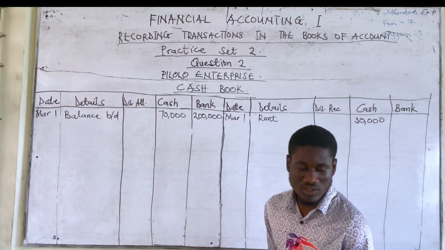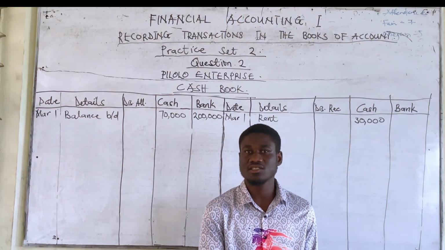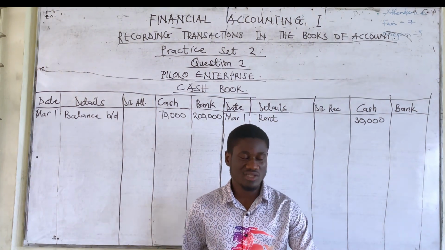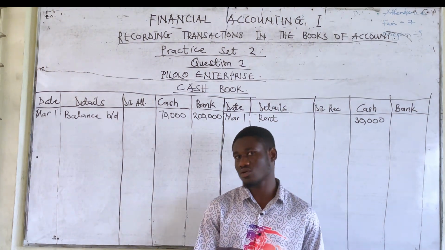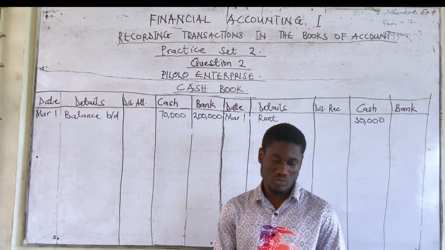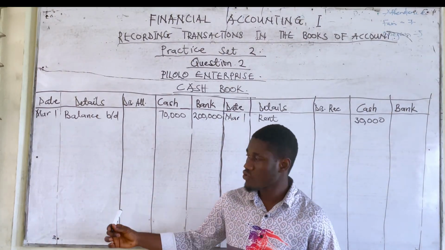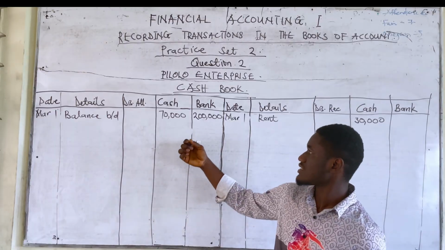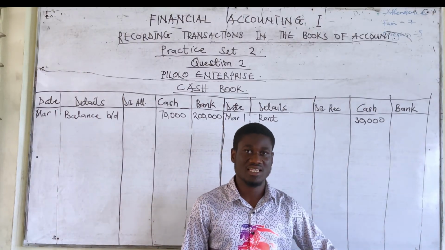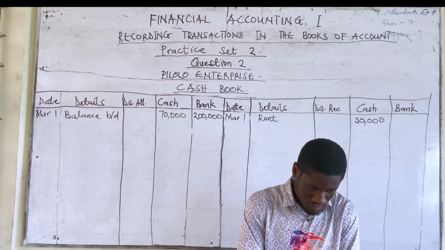But with this credit sale, the transaction is not involving cash or bank. So this transaction will be between sales and trade receivables. It's not going to come here in the cash book, because we are focused on recording the transactions that will involve cash and bank.